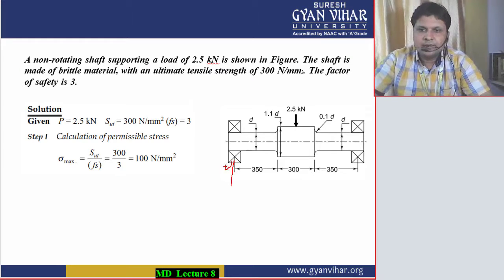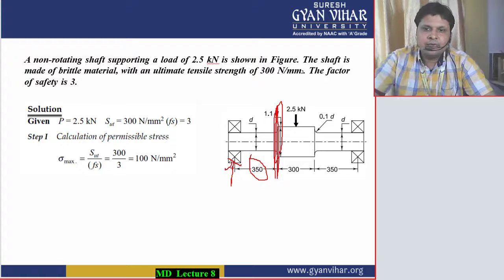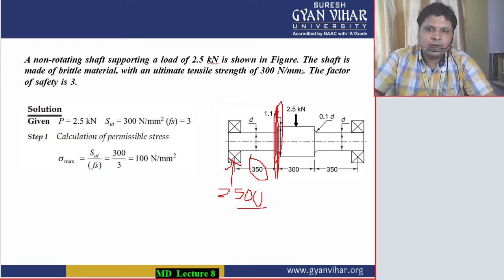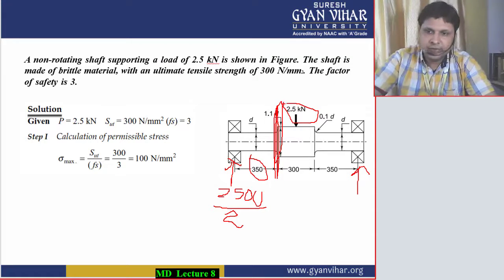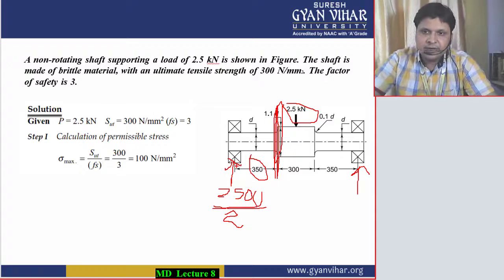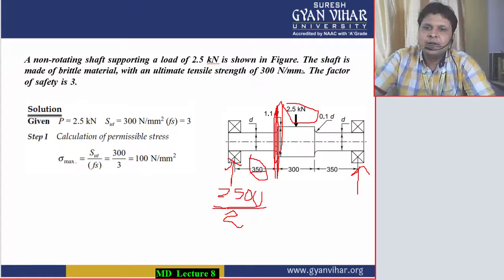And 350 is the distance. So at this particular fillet location, what will be the value of the bending moment? It will be equal to 2500 divided by 2, here and here in both, because it is a symmetrical load. Therefore we have directly divided to get the reaction force. So 2500 divided by 2 into 350 will give you the bending moment at this portion.